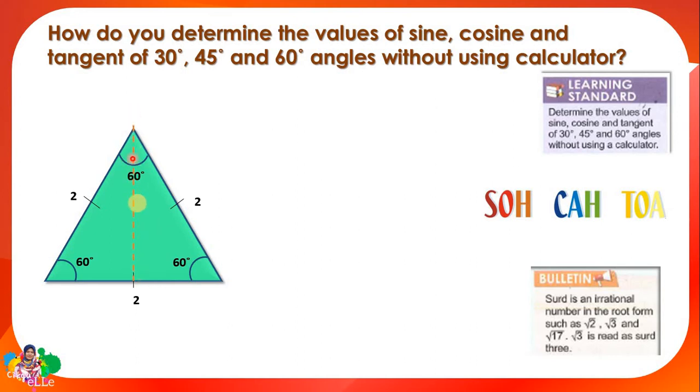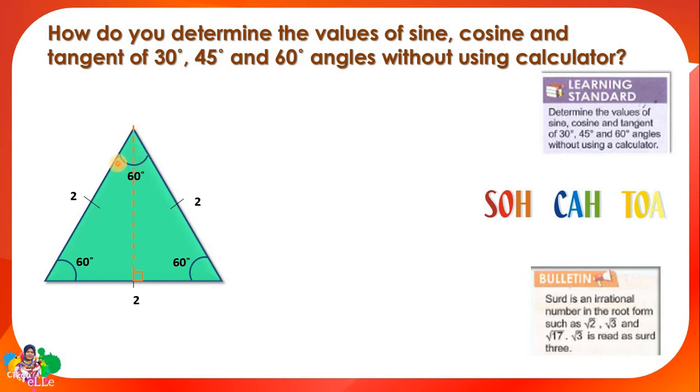Okay, so this axis of symmetry bisects this straight line. This line is perpendicular to this line. Therefore this angle is 90 degrees, a right angle. And this axis of symmetry bisects this angle.